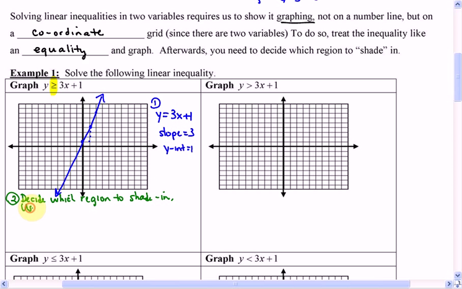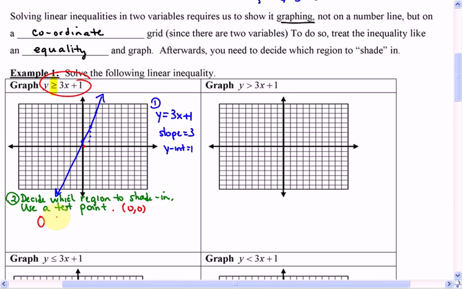I'm going to use what I call a test point. So please pick a point on this coordinate grid, any point except for points that are actually on this line. What's the easiest point to choose? How about 0, 0? So that's right there. Now what I'm going to do is plug 0, 0 into the inequality.